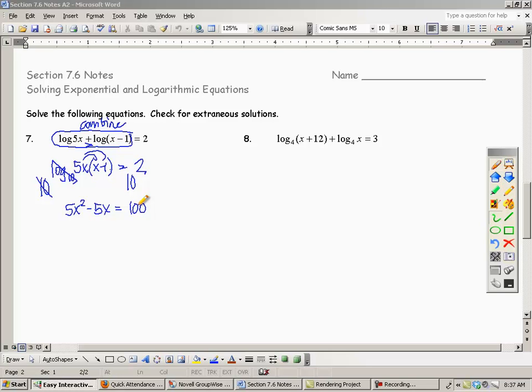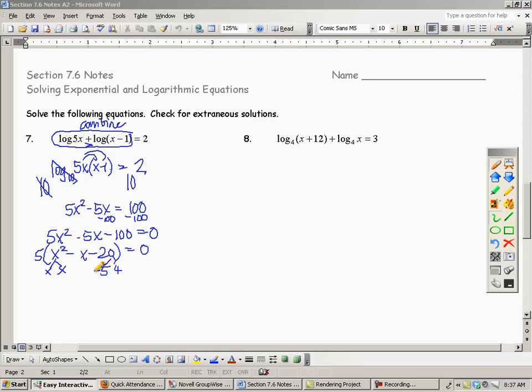Because I have both an x squared and an x, I need to set this equal to 0. So I have 5x squared minus 5x minus 100 equals 0. And I'm going to factor. I can take a 5 out: x squared minus x minus 20. And I'm going to factor this. x and x makes x squared. 5 and 4 makes 20.